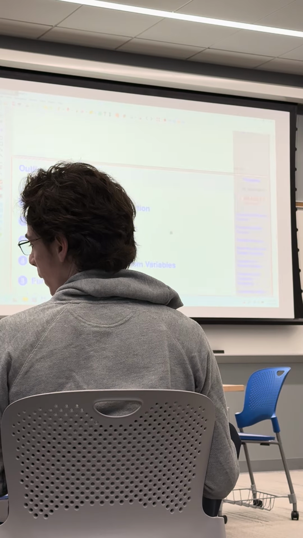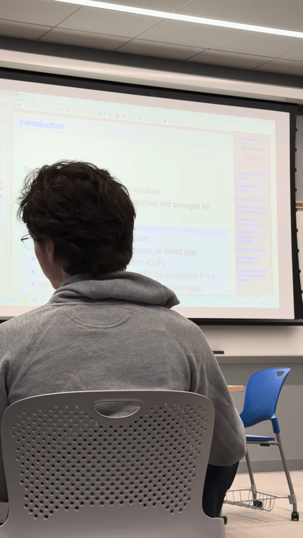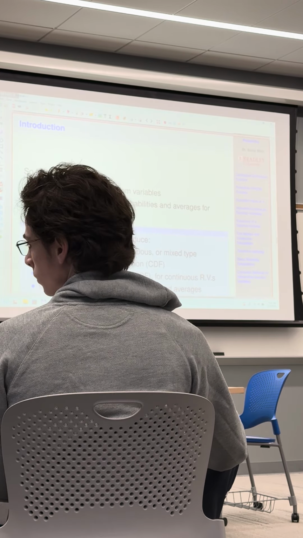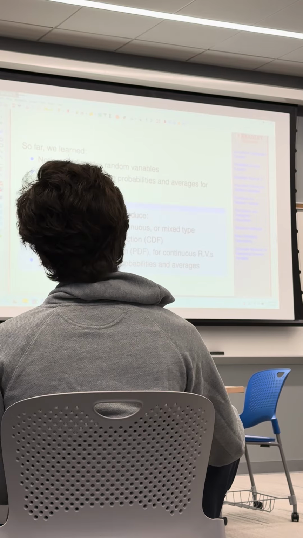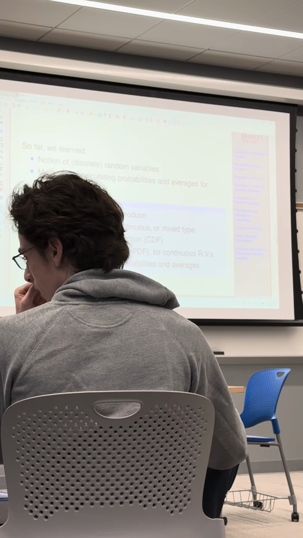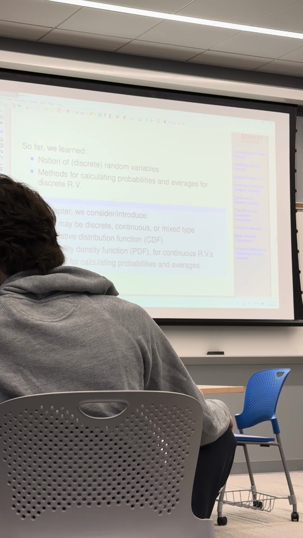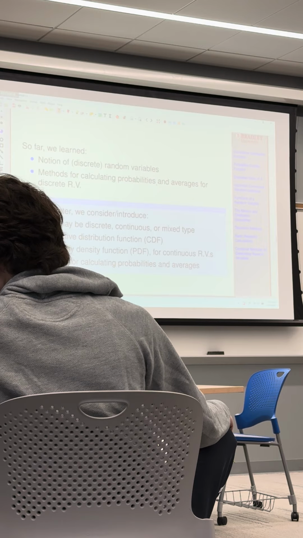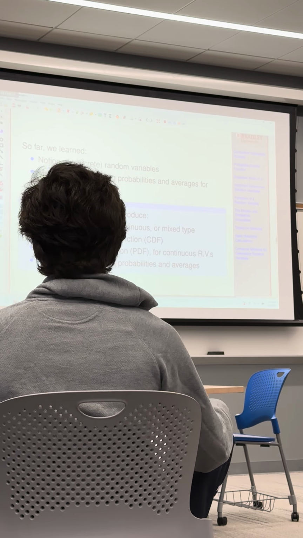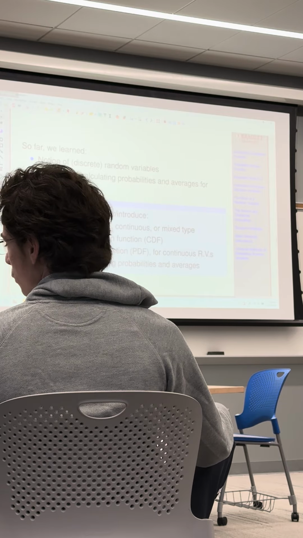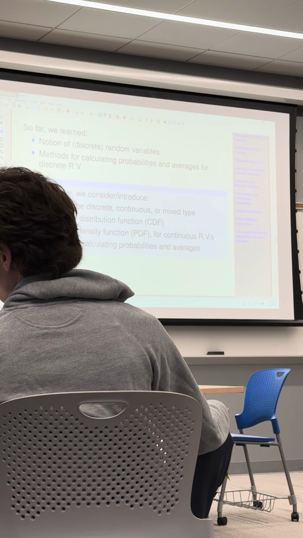In continuous random variables, we start again with one random variable, just like what we did for discrete random variables. First we learned the notion of discrete random variables, and we learned methods for calculating probabilities and averages for them. Here we are going to learn some more generic methods.